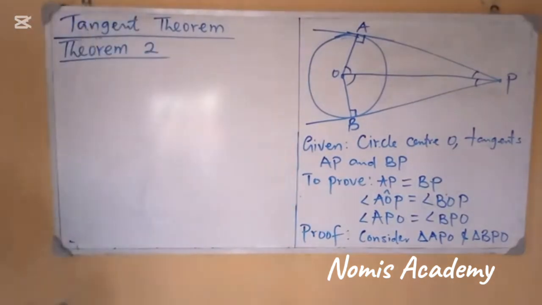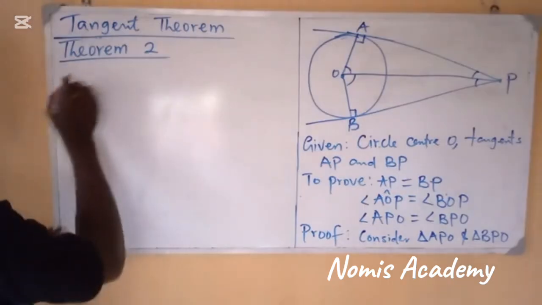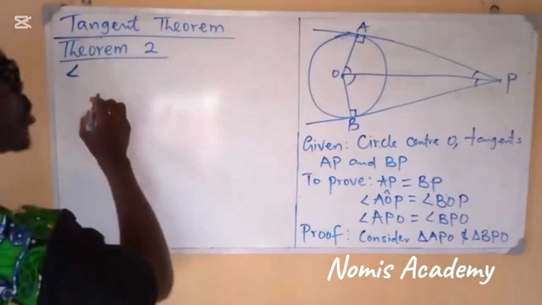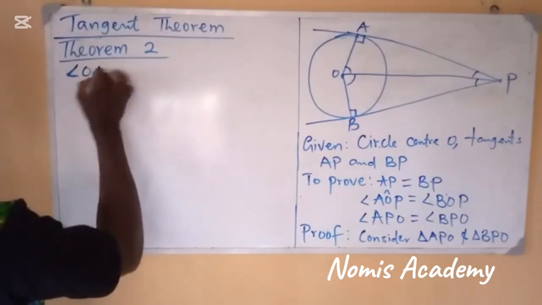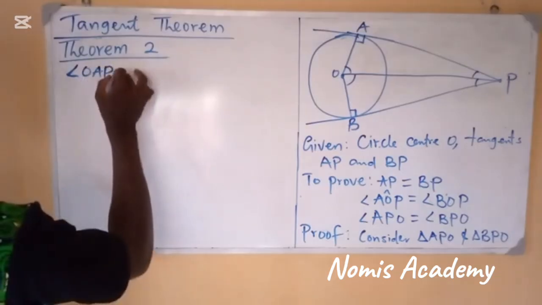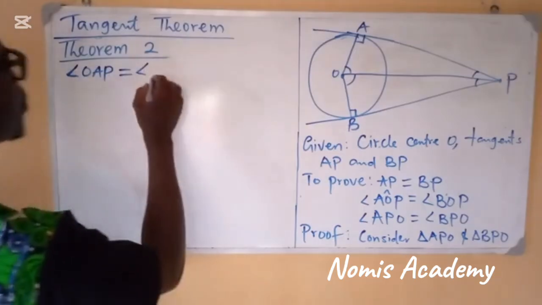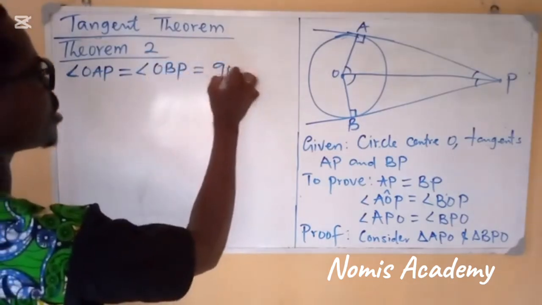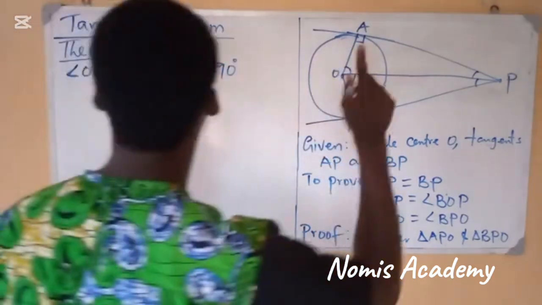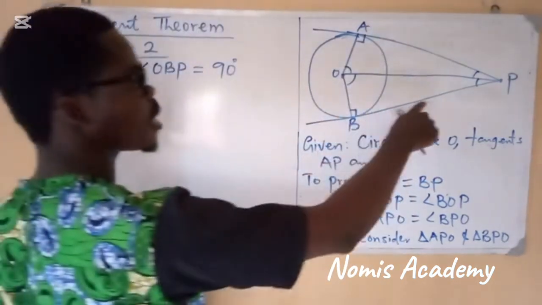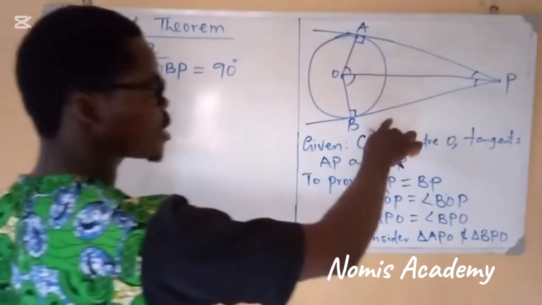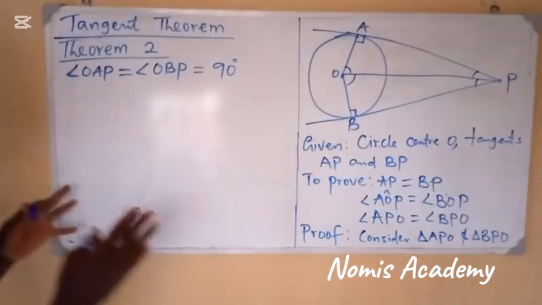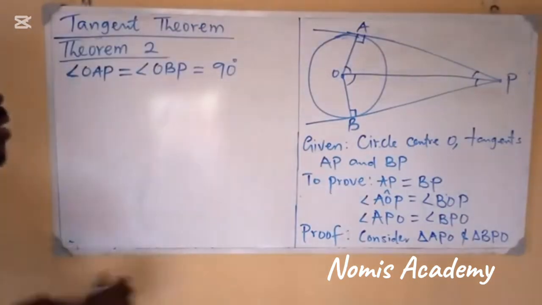Okay, now you agree with me that angle OAP is equal to angle OBP, and that is 90 degrees, according to the first theorem, theorem 1, which says that the tangent and the radius are perpendicular, meaning that the angle between the two lines is 90 degrees.